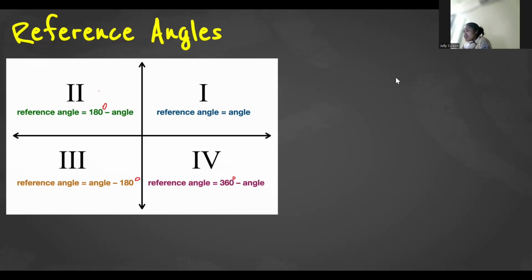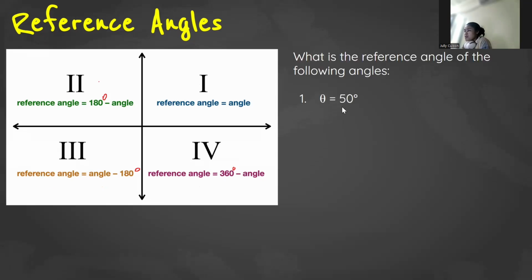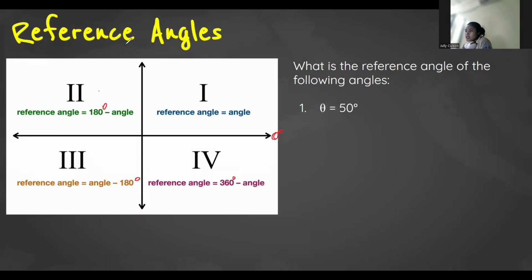So what is the reference angle of the following angles? For example, you are given 50 degrees. As we all know, in our circle, this is 0 degrees, this is 90 degrees, this is 180 degrees, this is 270 degrees, and then the full revolution of a circle is 360 degrees.